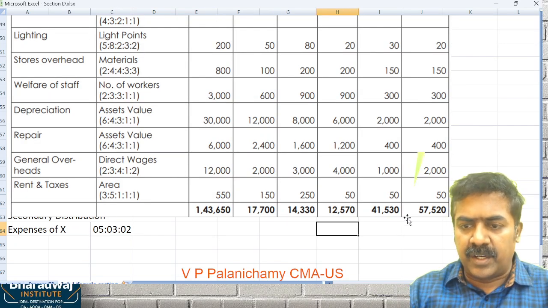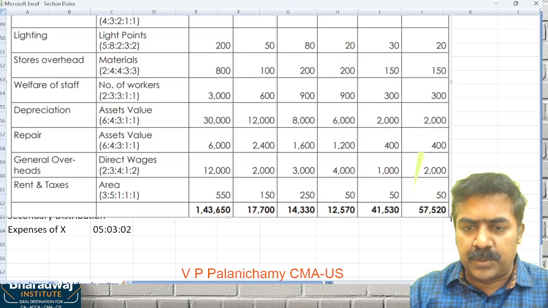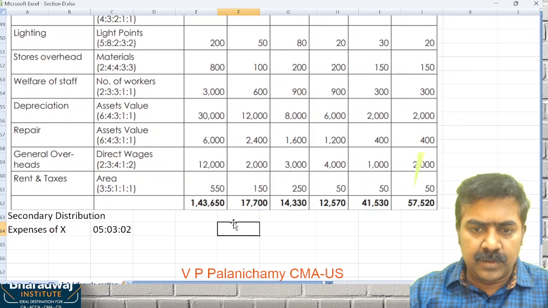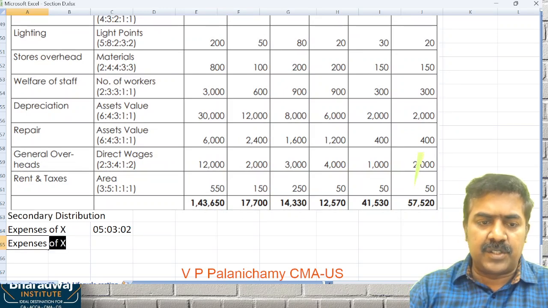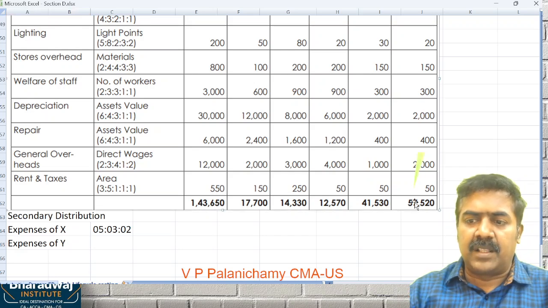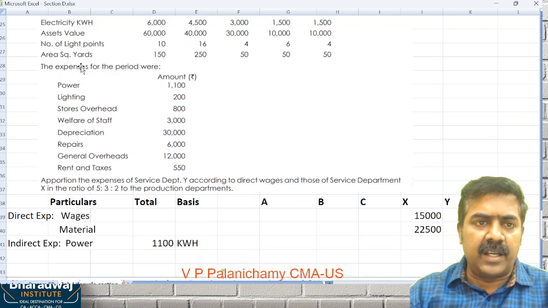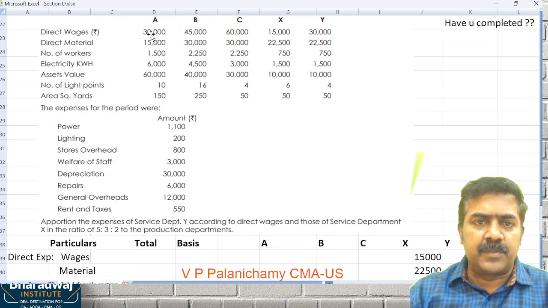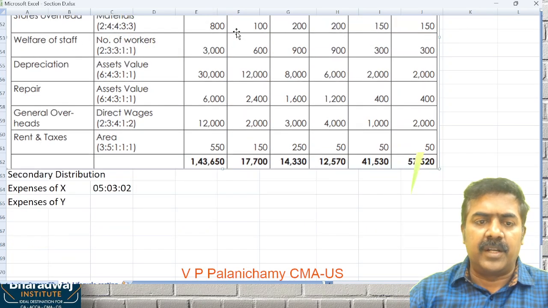So this 41,530, allocate in the ratio of 5:3:2 to the production department. Expenses of Y, this 57,520, allocate on the basis of direct wages. Allocate on the basis of direct wages means 30:45:60. That ratio try to allocate.